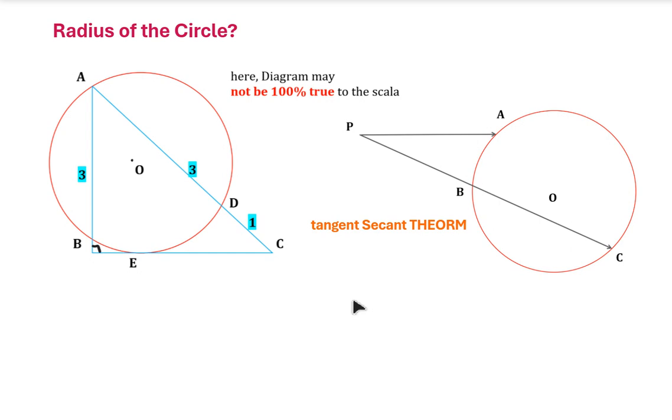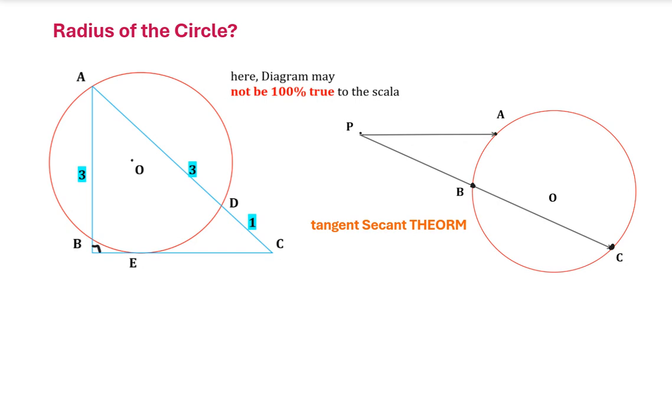Say there is a tangent line, a line touching the circle at just one point, from P to A, so A is the touching point, and a second line passing through the circle at two points, PC passing through at B and at C.